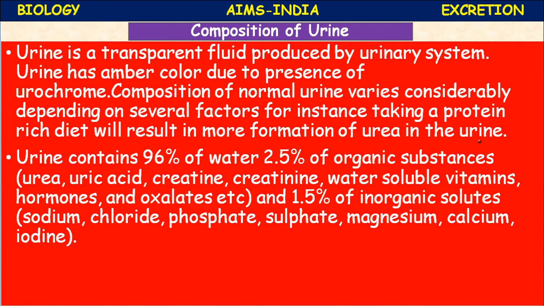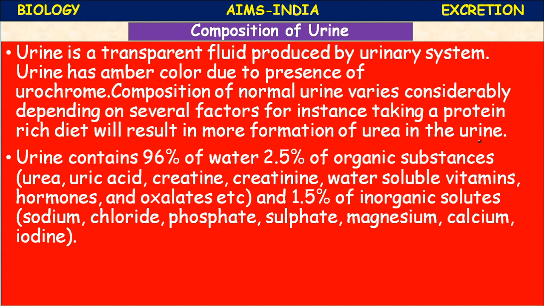So urine contains 96% of water, 2.5% of organic substances. Organic substances means urea, uric acid, proteins like creatine, creatinine, and water soluble vitamins, hormones, and oxalates. So vitamins and hormones, they are proteins only, okay, containing amino acids.